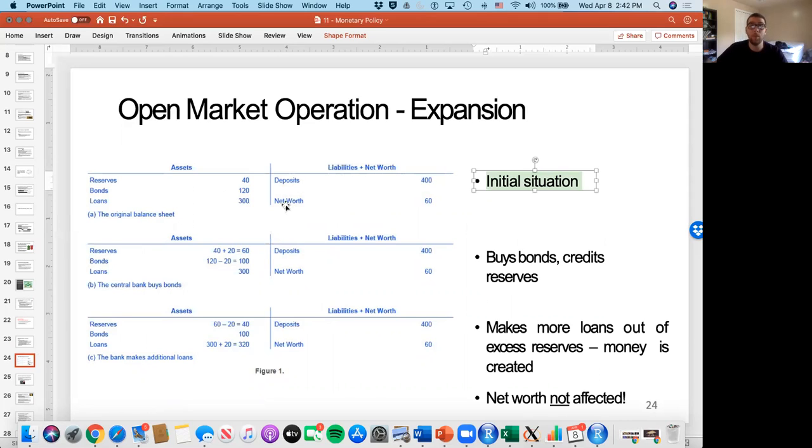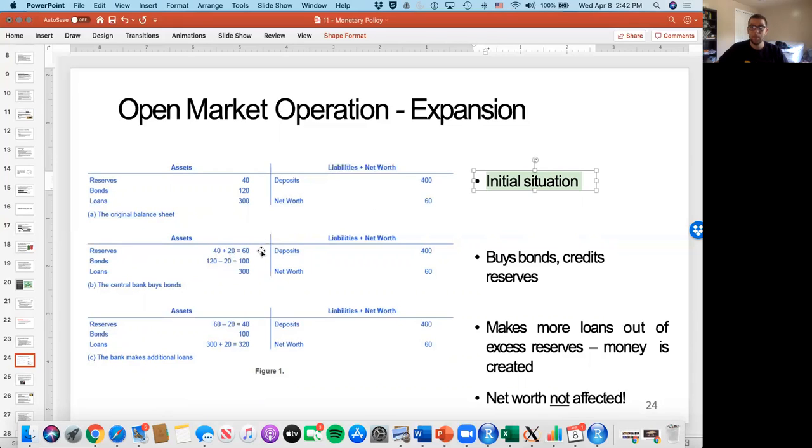So the total net worth is 600 million. All right. Since the Fed wants to expand the money in the economy, expand monetary policy, what they're going to do is buy bonds from the bank. By buying bonds from the bank, what do the banks receive? Money. How do they receive that? In reserves. So the reserves increase by 20.